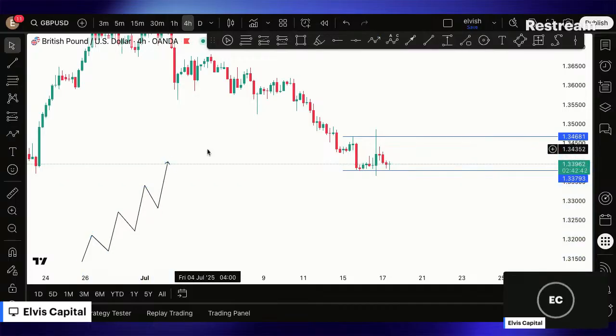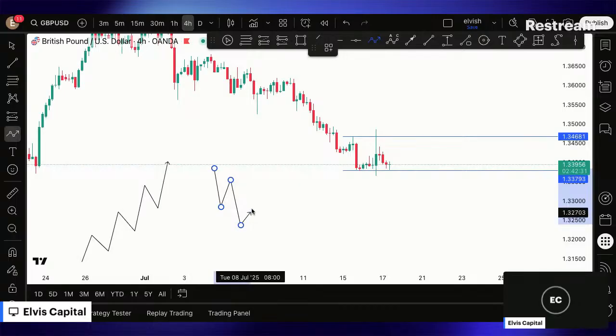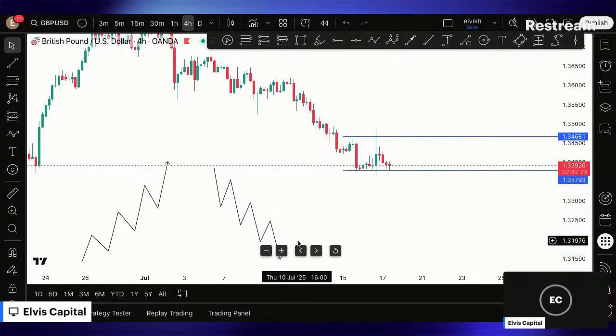And if it's a downtrend, price will move the opposite: lower low, lower high, lower low, lower high, lower low. And how do you take trades?